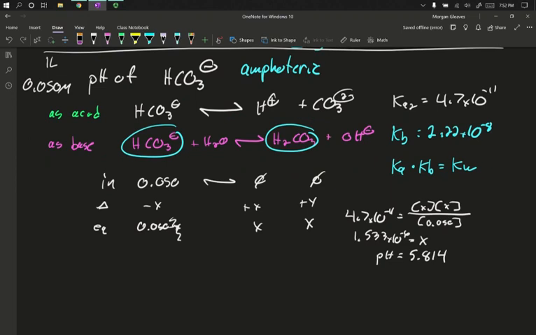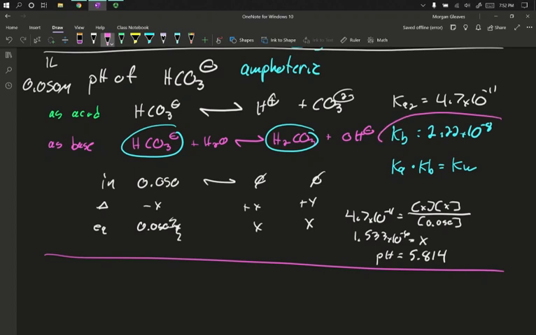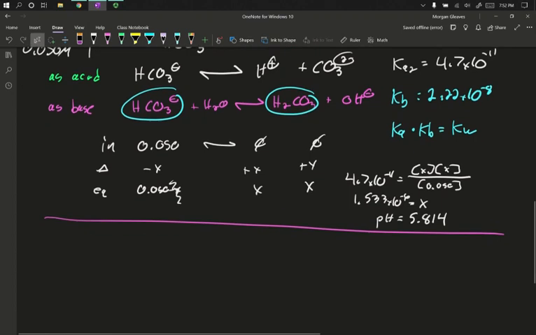So maybe it's just acting as a base. After all, the equilibrium for Kb, 10 to the minus 8, is larger than 10 to the minus 11. It looks like it's better at generating product when it's generating hydroxide than when it's generating H+. Maybe it's just acting as a base, primarily.